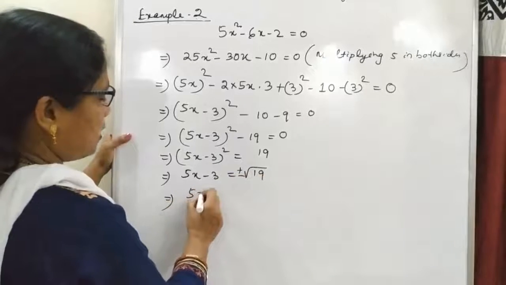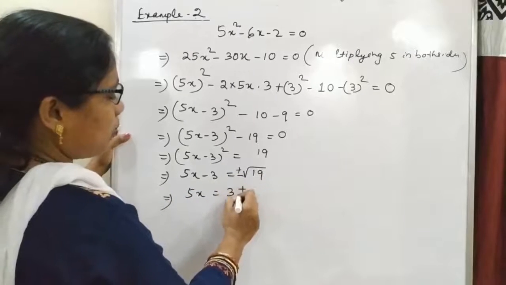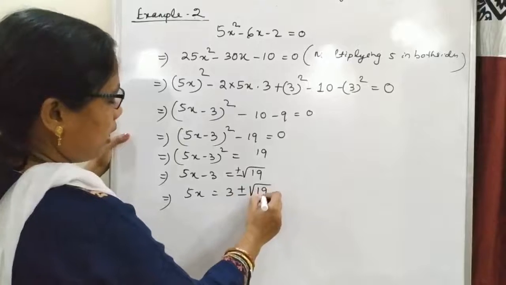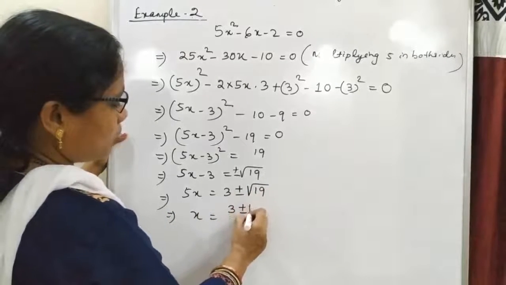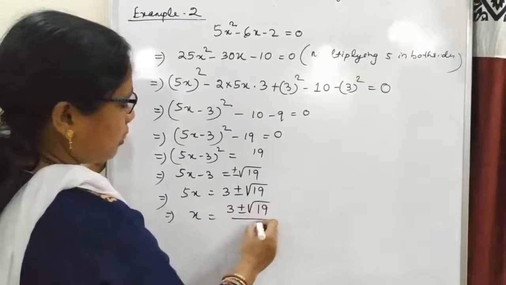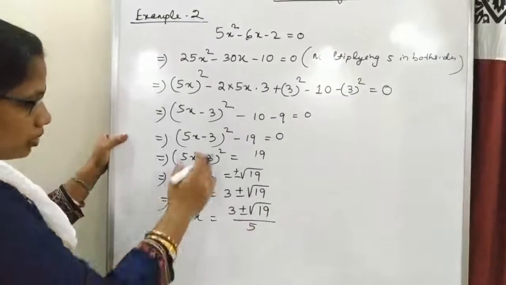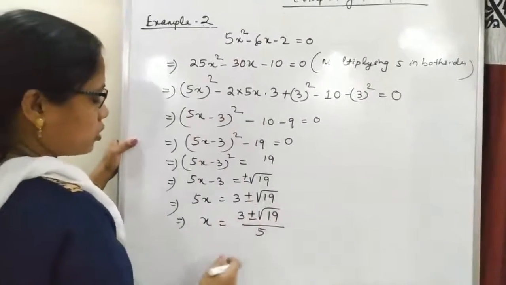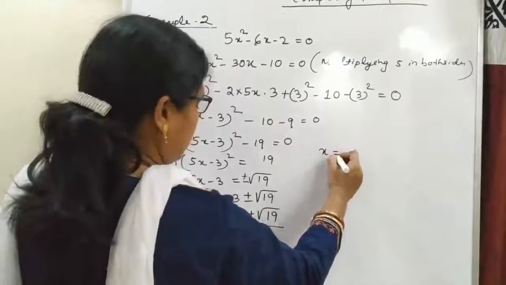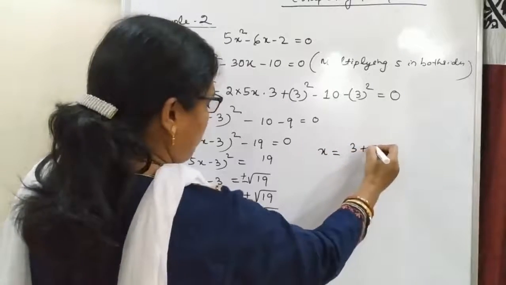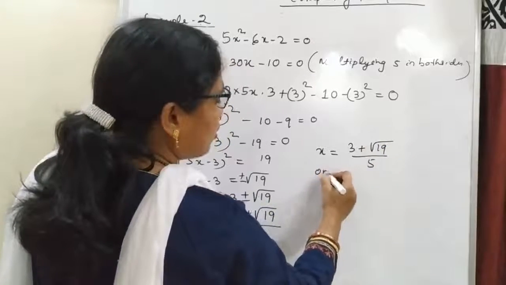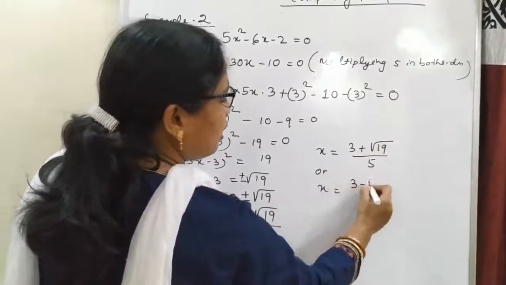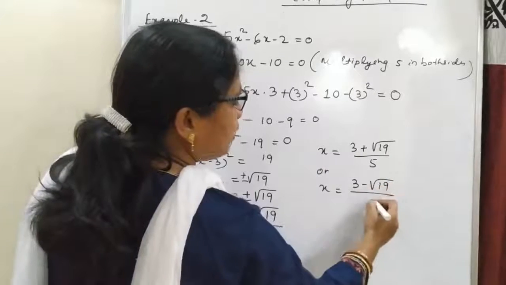That means 5x is equal to 3 plus or minus root 19, or x is equal to 3 plus or minus root 19 by 5. So this quadratic equation has two roots: x is equal to 3 plus root 19 by 5, or x is equal to 3 minus root 19 by 5.